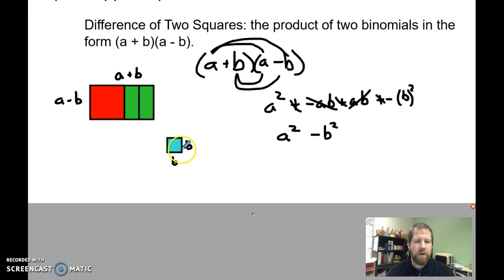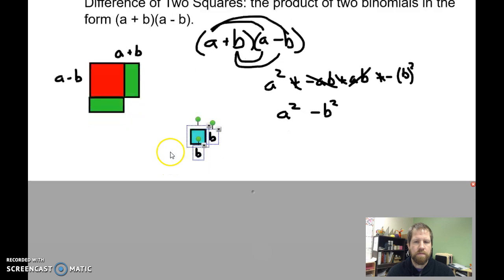And if we went back to where we had it set up as a square, you can see that makes sense, because the whole thing was a, this whole length is a, so it'd be a squared.